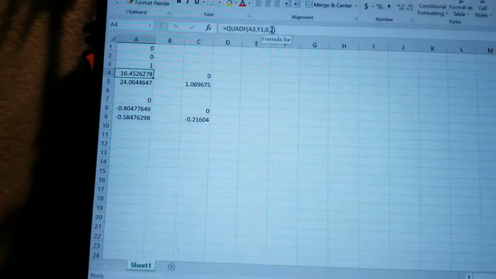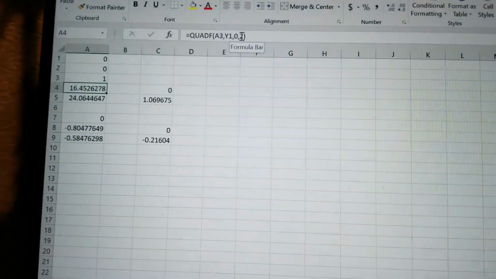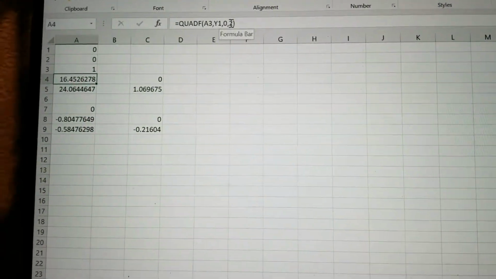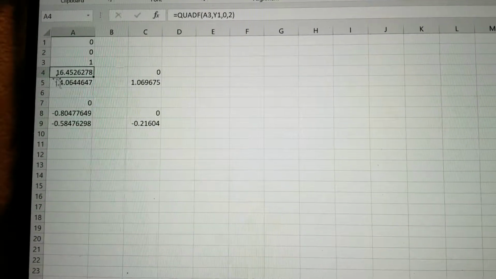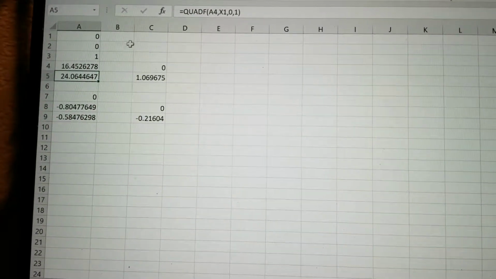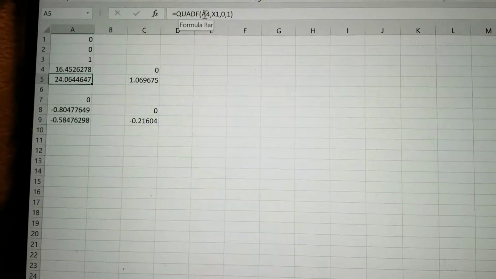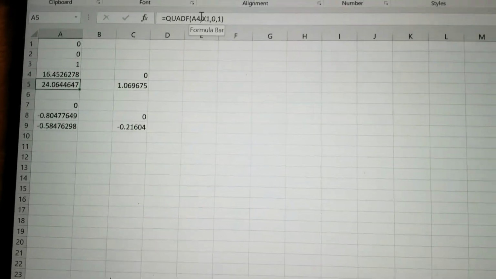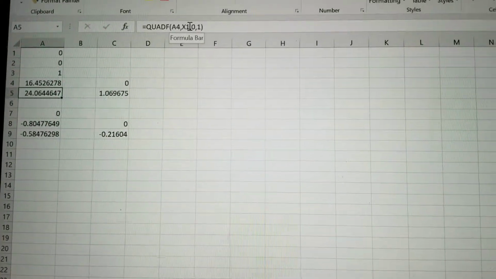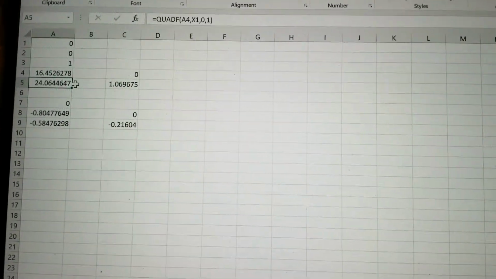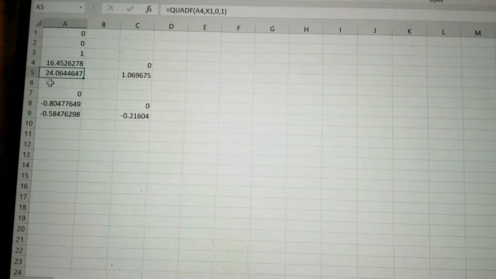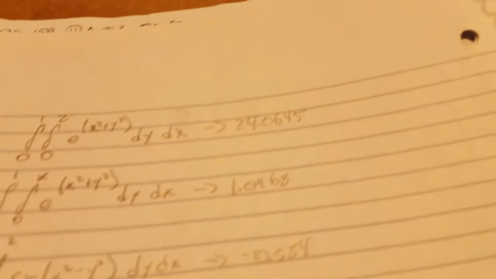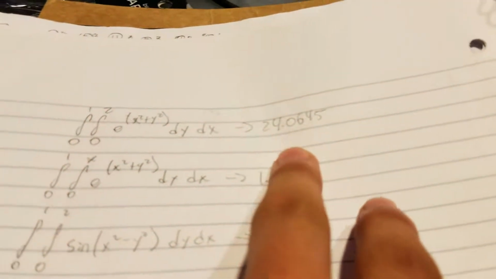And for Excel you have to do the y part of it first, and then you do QuadF of the y, which is A4 in terms of x from 0 to 1, and that got 24.064. And so then it matches up with this number as well.